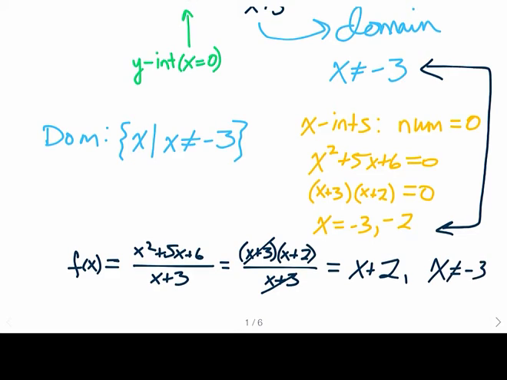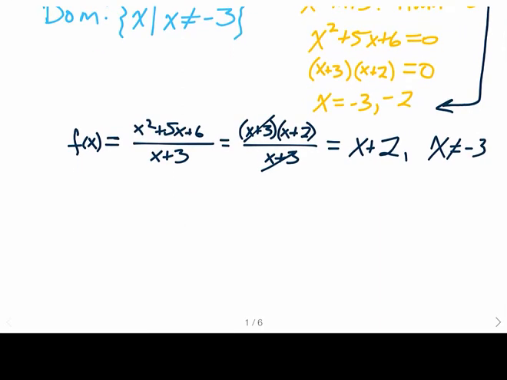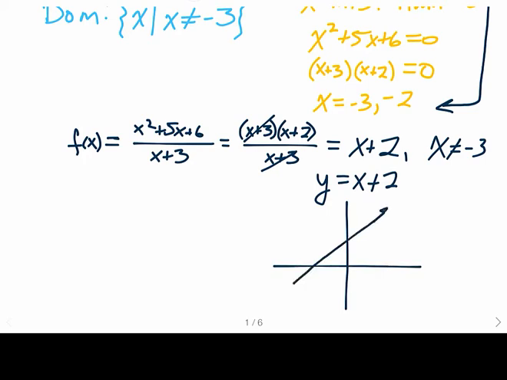So what happens with the graph when x is equal to negative 3? I'm glad you asked. If we consider y equals x plus 2, it's just not function notation, but it's the same thing. This is a line that has a slope of 1 and a y-intercept of (0, 2). But we've already figured out that x cannot be negative 3.